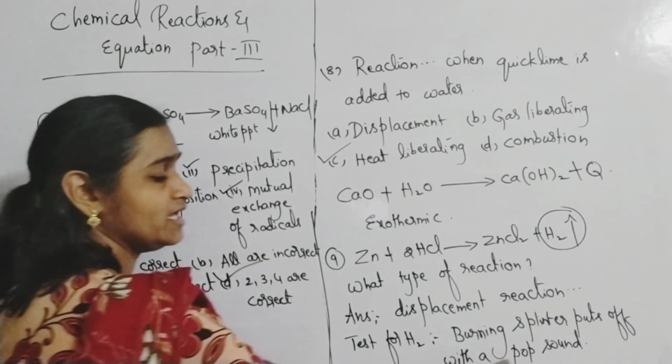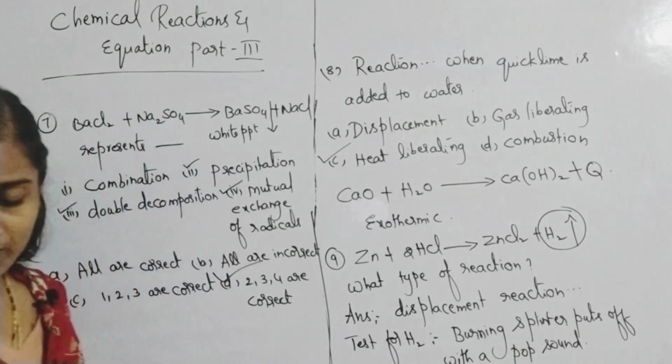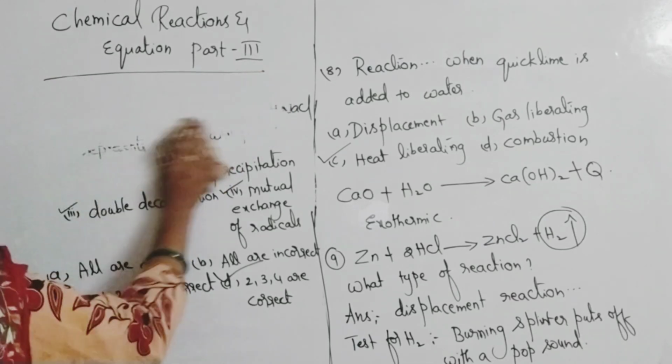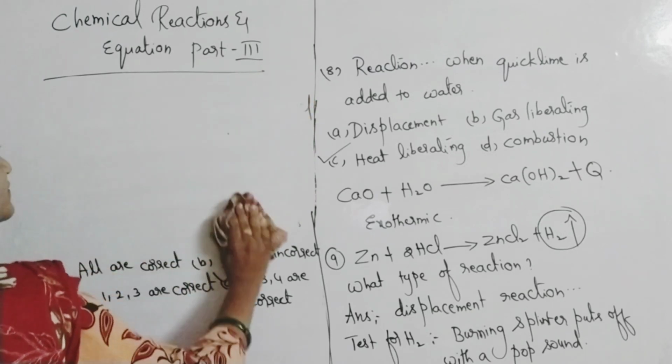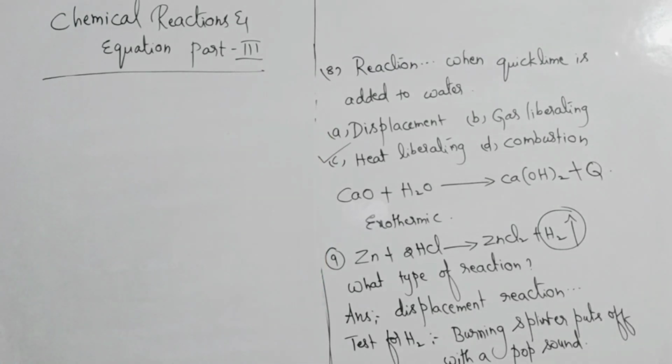Here, what I wrote, you may not be able to see: this is pop sound. So like this also you will be getting questions. Next, we will move on to the 10th question.